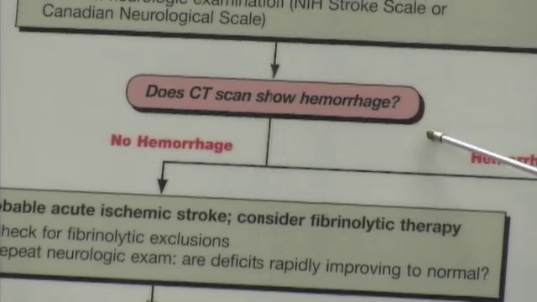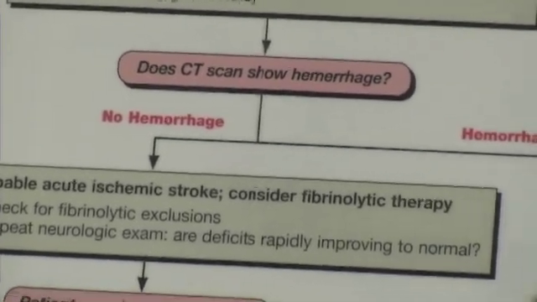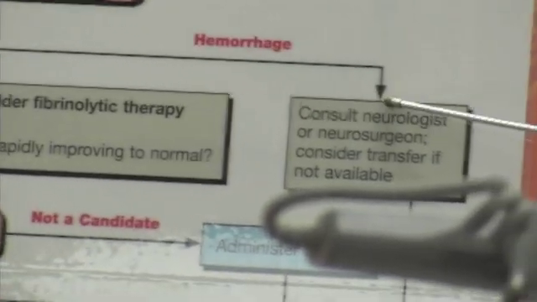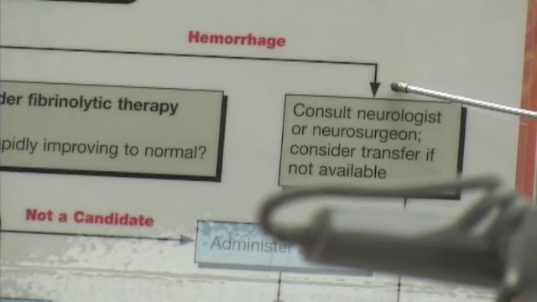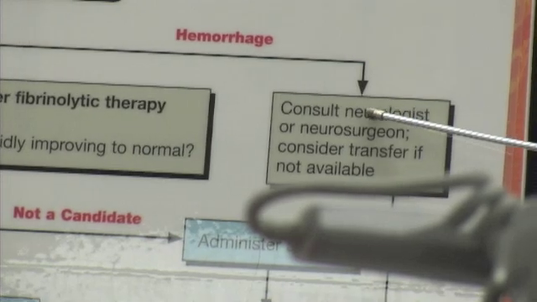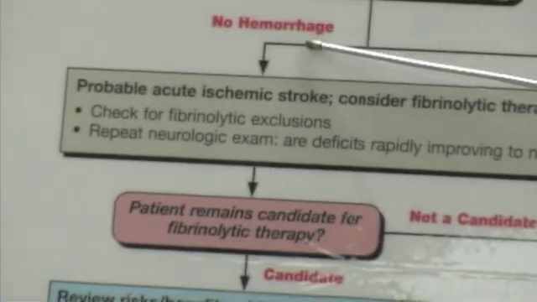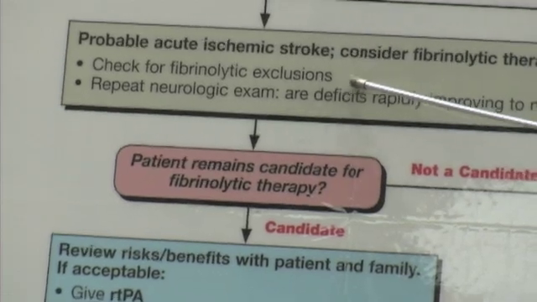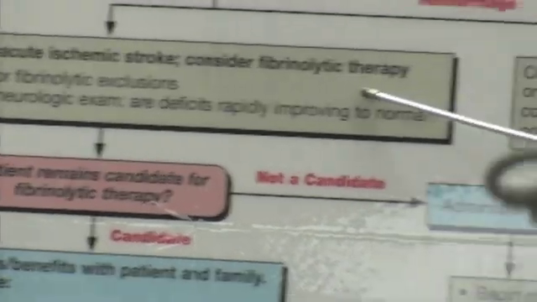So if there is an abnormal reading or blood or hemorrhage, like this branch of the algorithm shows us, then our patient is disqualified from meeting the stroke criteria of fibrinolytic or thrombolytic therapy. If our CT scan does not show hemorrhage and is otherwise normal, then our patient has an acute ischemic stroke and we need to consider fibrinolytic therapy.